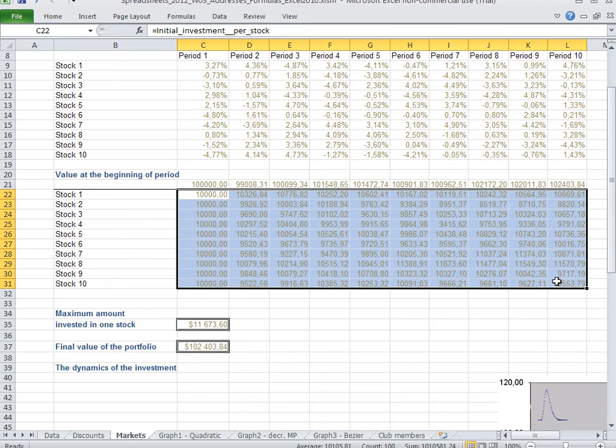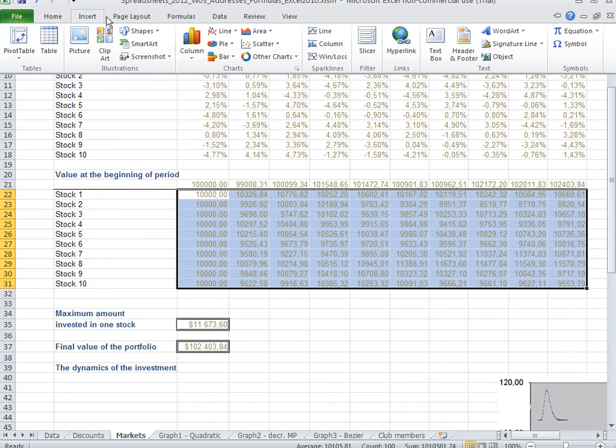But here we have 100 different numbers, divided into 10 stocks. Thus we will be using a line graph with 10 lines going up, down, up, down, up, down. So we will choose insert charts and line chart.